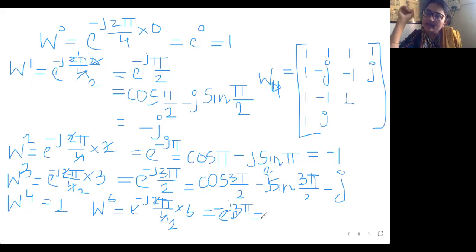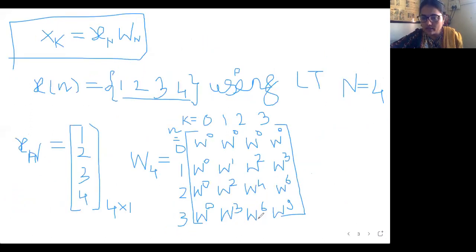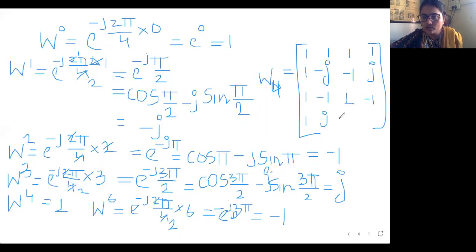What will cos 3 pi be now? The values alternate. Minus 1, ma'am. And sin 3 pi: for integer multiples of pi, all sine values are 0. So the value here is minus 1. At this position this value is minus 1. Over here also we can write minus 1 because w raised to 6 is present at this position also.